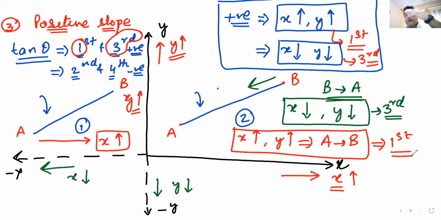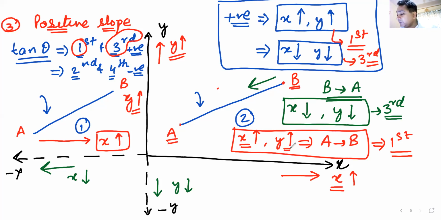The graph from A to B is in the first quadrant. The graph from B to A is in the third quadrant. Can I have some raised hands that people have understood me? Shall I repeat? When I'm going from A to B, X is increasing, Y is also increasing.